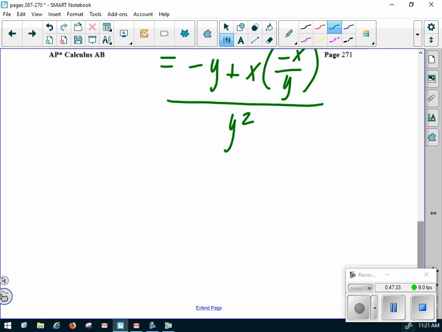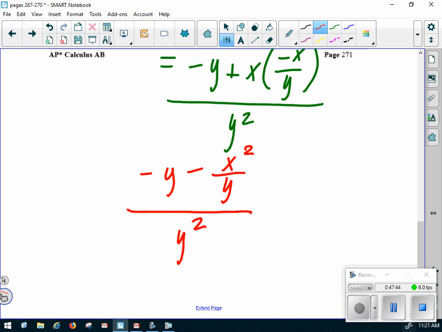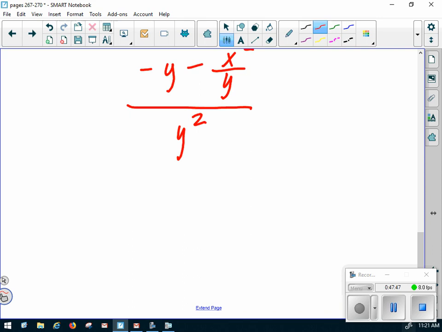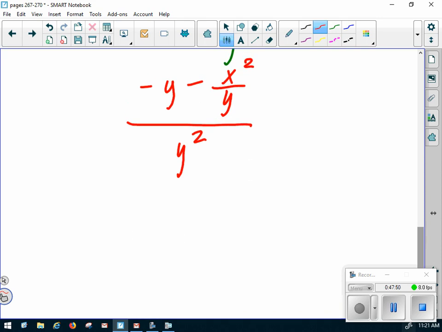Now we've got to clean that up because we've got fractions inside fractions. Did you see what I did so far? What do we need to do to that numerator? I need the same denominator. I multiplied right here. x times -x is -x squared over y.